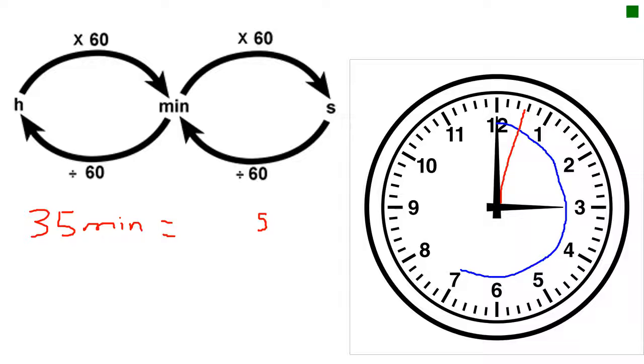So again, just to explain it, we have to multiply by 60 because we have a total set of 60 going around the whole clock.